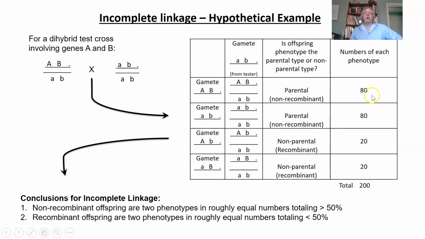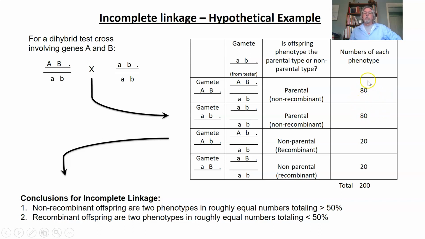All right, here would be some typical numbers you could see for a cross involving incomplete linkage. You would expect to see 2 parental phenotypes, either showing both dominant traits or both recessive traits. And they would be present in roughly equal numbers. In this case, it's a hypothetical example, I made them equal.